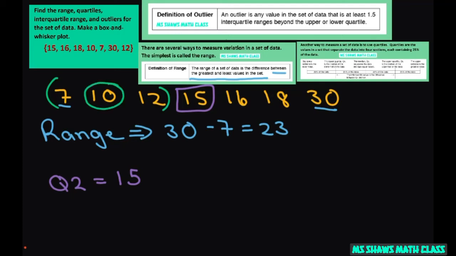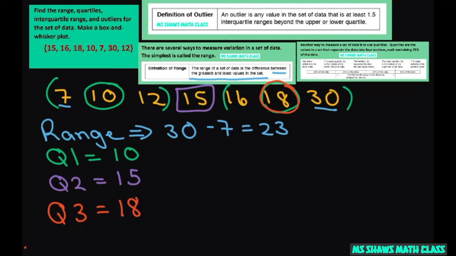That's going to be 10. And then we're going to take the upper part and take the median. And that's going to be quartile 3, and that equals 18. So there's your quartiles.